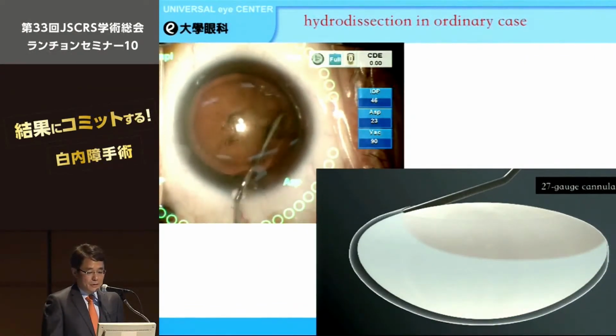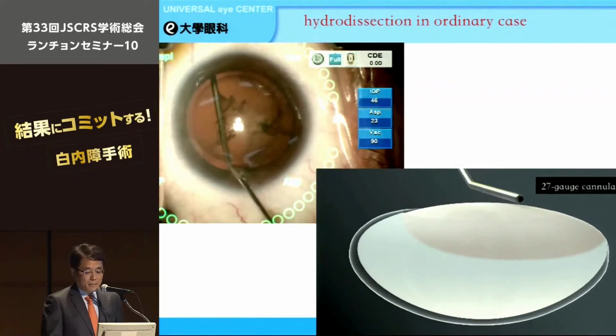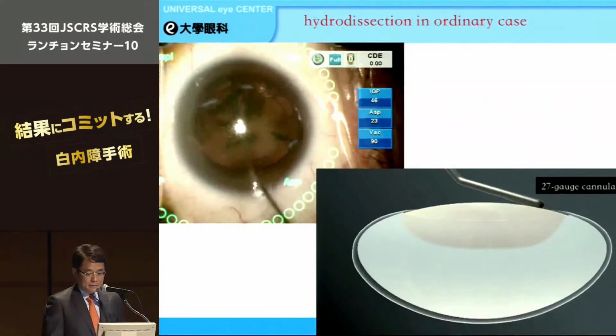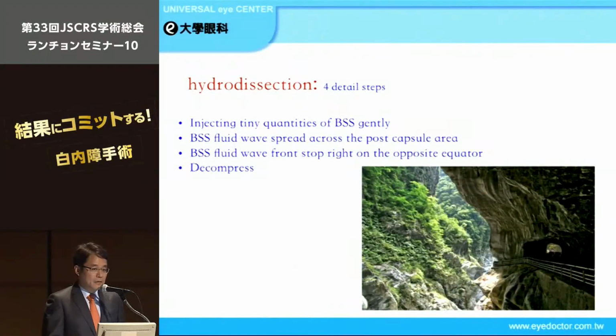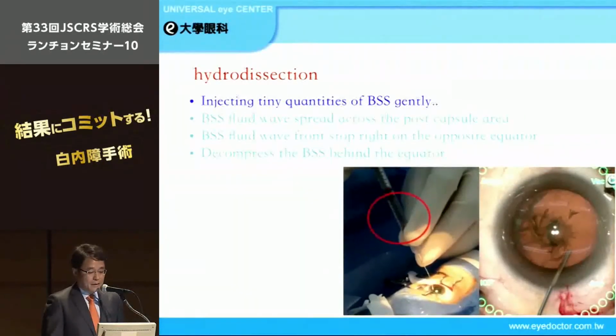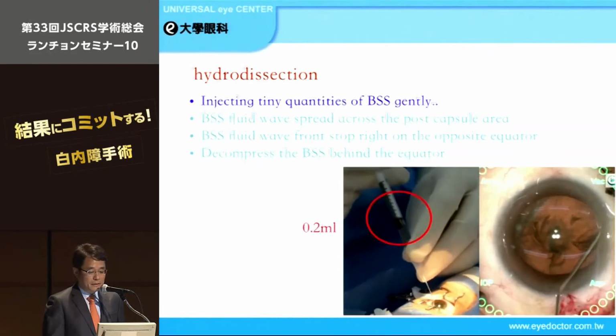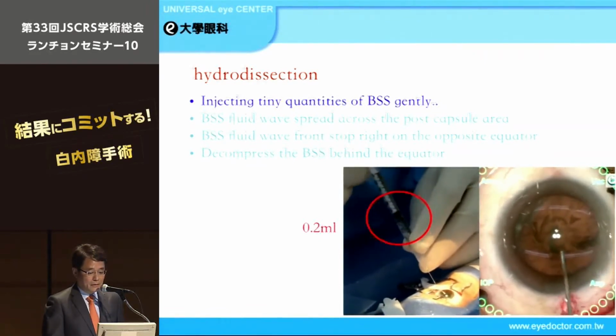hydrodissection procedure in ordinary cases by using a 27-gauge cannula. In order to perform a safe hydrodissection, I separate the hydrodissection procedure into 4 detailed steps. The first step, inject a teeny quantity of BSS gently and continuously.